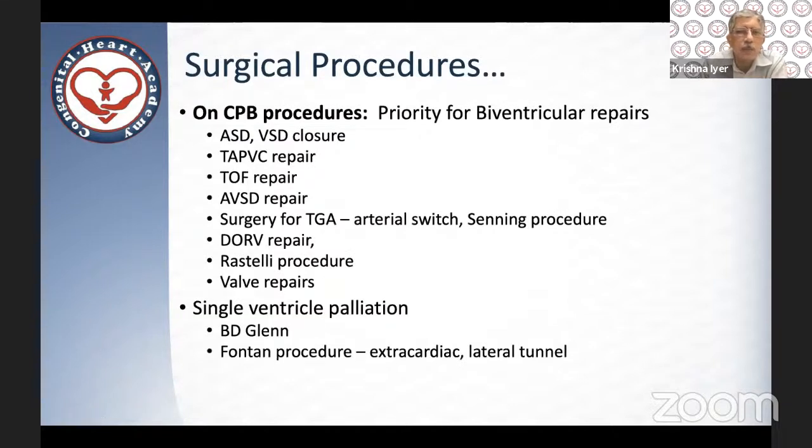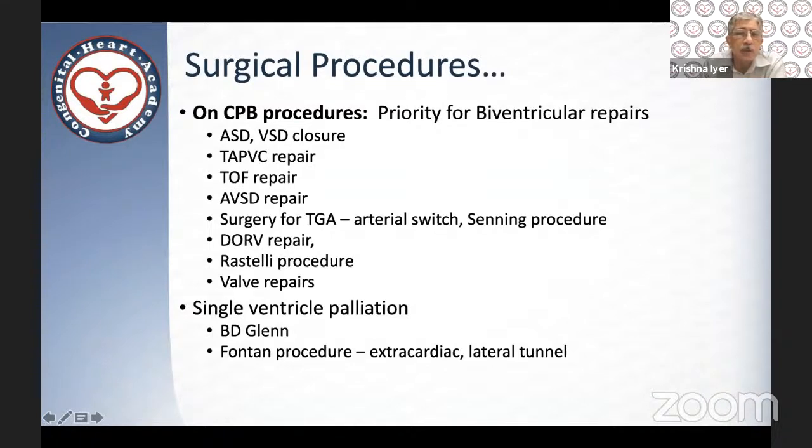And the on-pump procedures with increasing level of complexity: simple repairs of atrial and ventricular septal defects, TAPVC repair, tetralogy of Fallot repair, repair of atrioventricular septal defects, then surgery for TGA, be it the arterial switch or, in older patients with intact septum who come well beyond 6 months or a year of age, the Senning procedure, which is ideal for them.